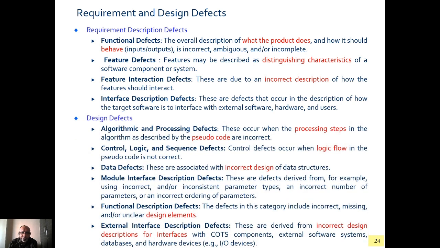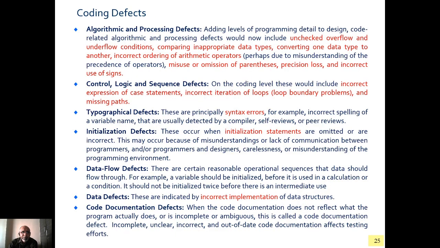And in the design, as it is the next phase, there are algorithmic and processing defects meant towards the pseudocode, incorrect design of data structures, and lastly, external interfaces that are badly designed. So descriptions are indicating lacunas.